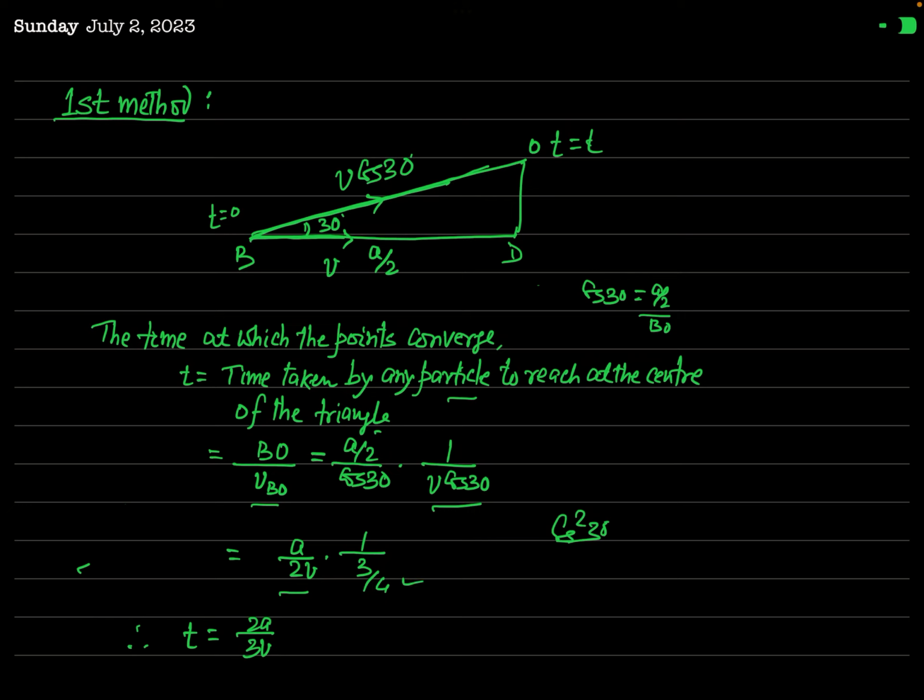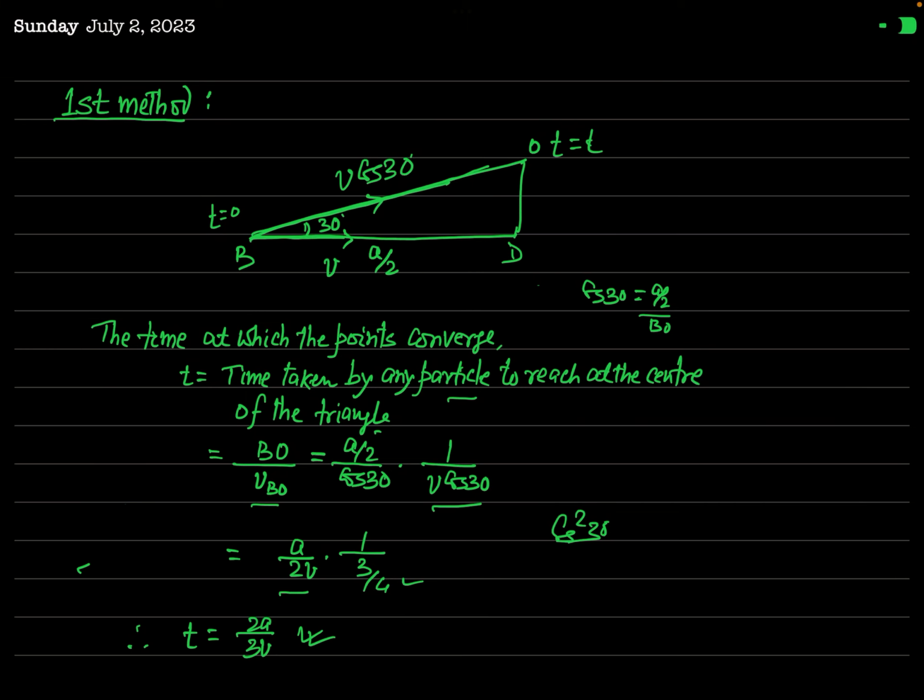So this simplifies to t equal to 2a by 3v. This is the time when all three particles will meet together. But I have taken only one particle into account, and by describing its motion we can find this very time.